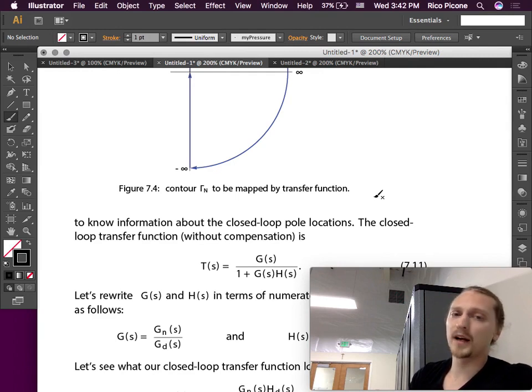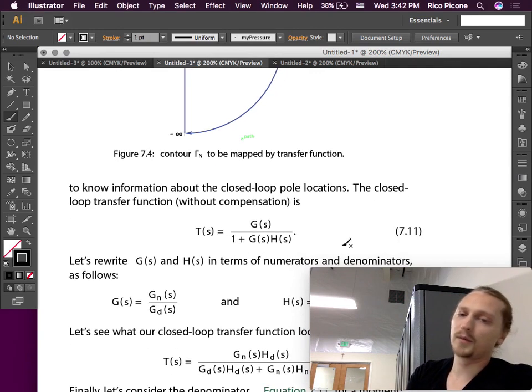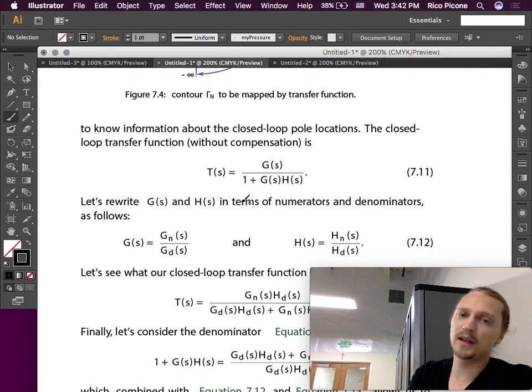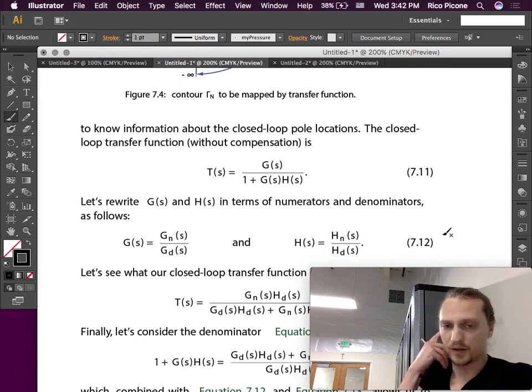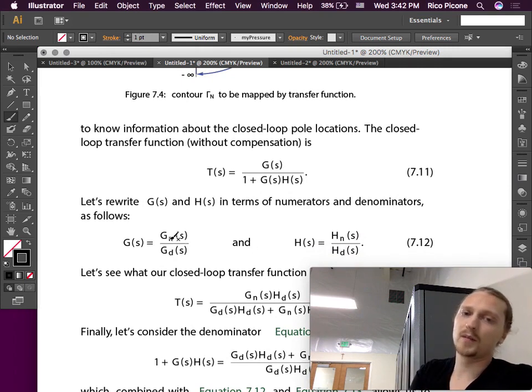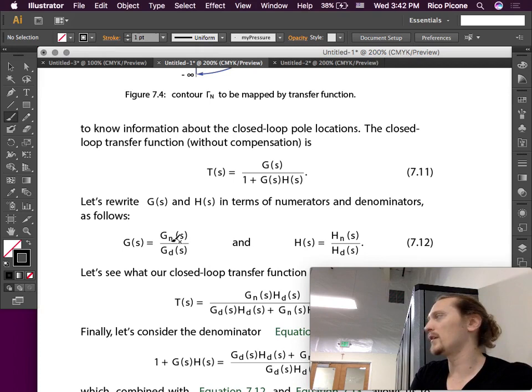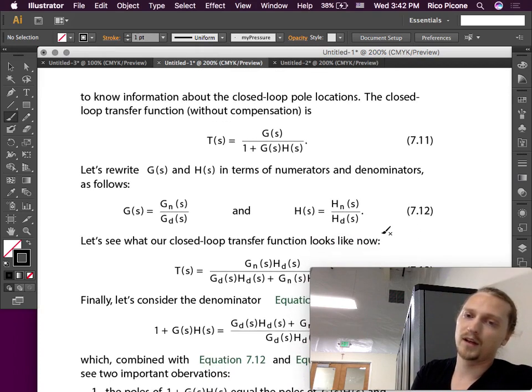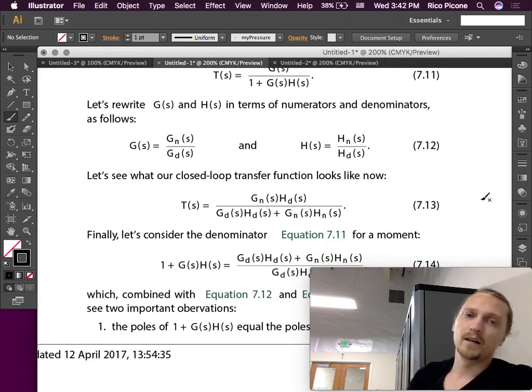The closed loop transfer function without compensation is G over 1 plus GH, right? Let's write G and H in terms of numerators and denominators. G sub n is the numerator of G, G sub d is the denominator, and the same with H. Let's see what our closed loop transfer function looks like now.